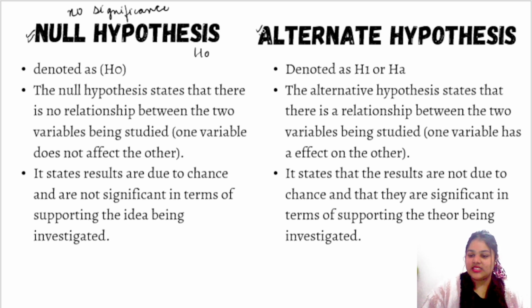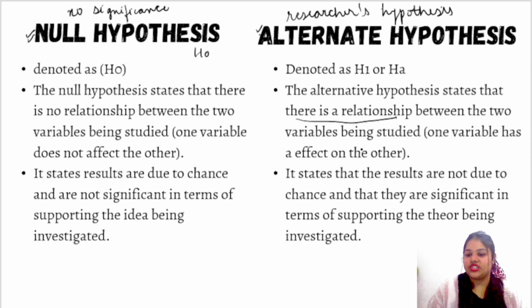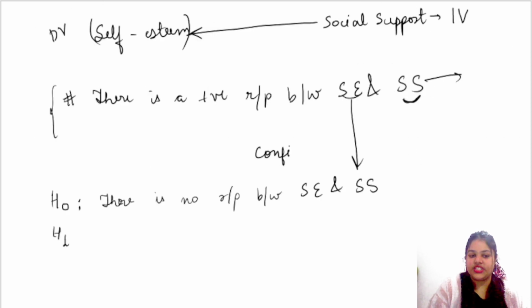Alternate hypothesis is also known as researcher's hypothesis. So in this particular hypothesis we will state that there is a relationship, or what kind of relationship.